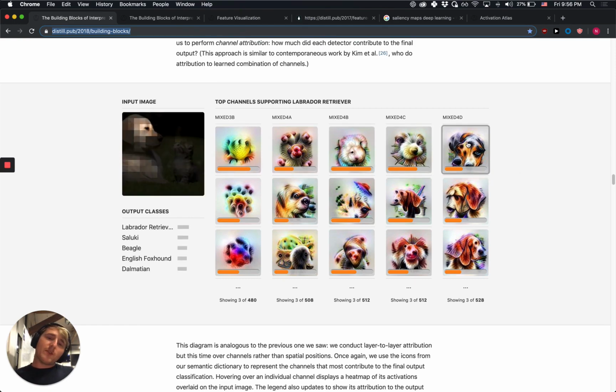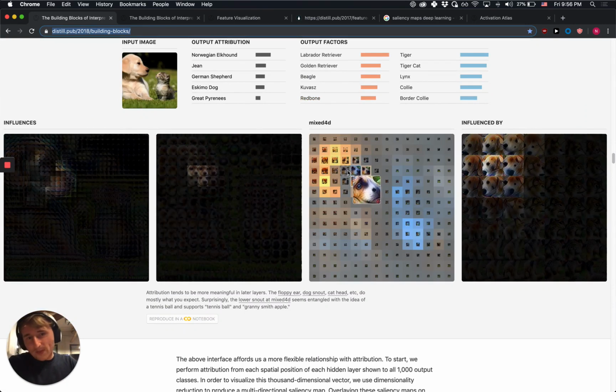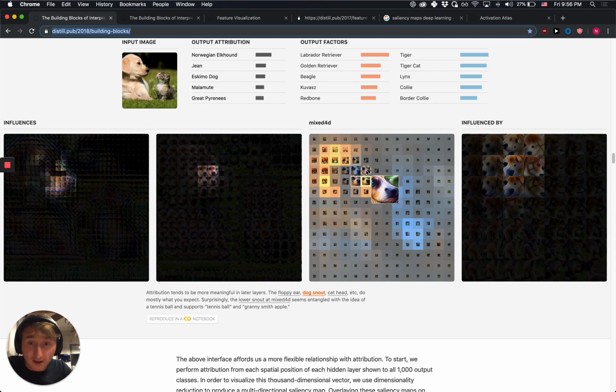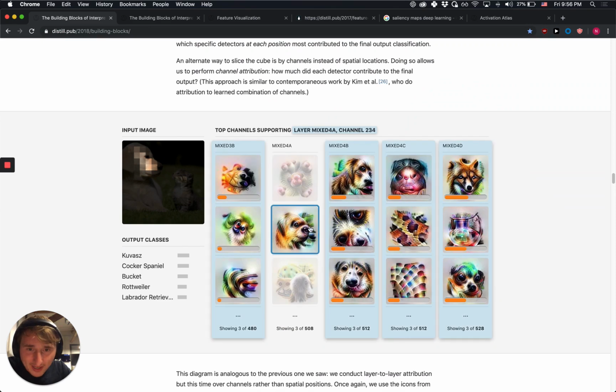The other thing we can do is, just like here we're seeing how one spatial position is influenced by other layers, both earlier and later, we can click one of these. So let's click this dog face and see what it is influenced by in mixed 3b, and then what it influences down the stream.